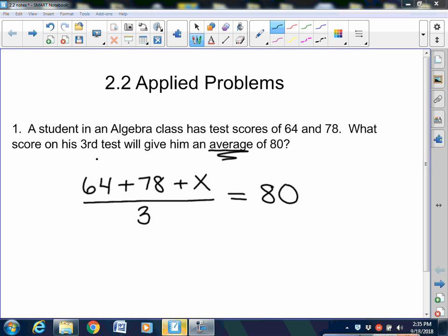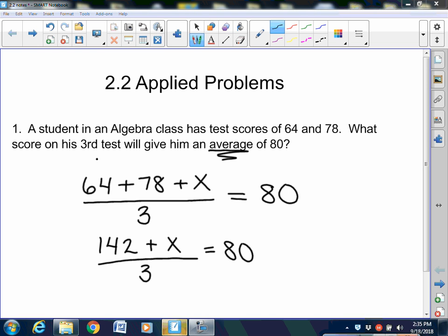Probably put the 64 plus the 78 together first. 64 and 78 is 142 plus X divided by 3 equals 80. Do we get rid of the 142 by subtracting or multiplying by 3 next?